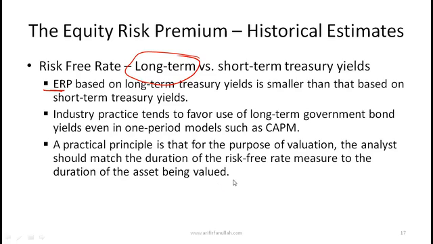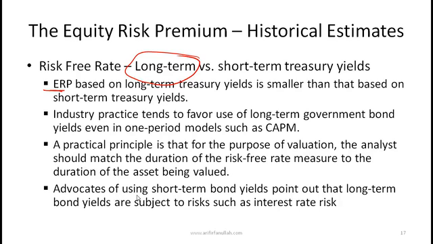So if you are doing a long-term valuation, then your risk-free rate should be the long-term rate. Just as a side remark, advocates of using the short-term bond yield point to the fact that long-term bonds are subject to interest rate risk. So this is the argument for using short-term rates, but the arguments for long-term rates are generally stronger, and bottom line is use the long-term rate.